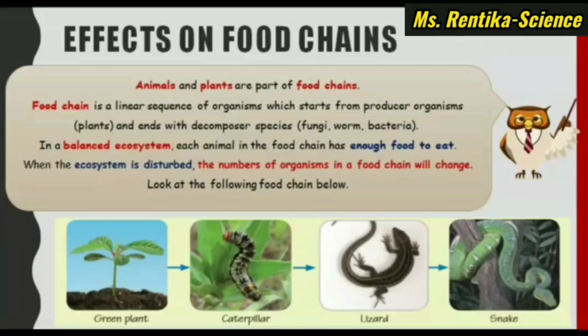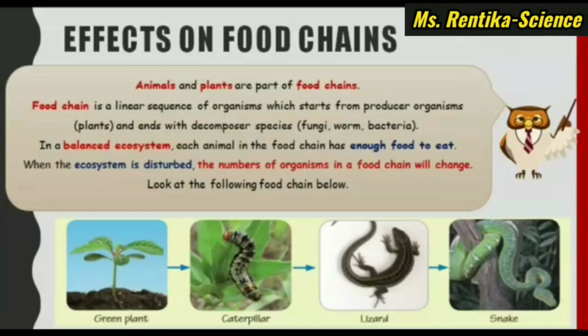Animals and plants are part of food chains. In a balanced ecosystem, each animal in the food chain has enough food to eat. When the ecosystem is disturbed, the number of organisms in a food chain will change.